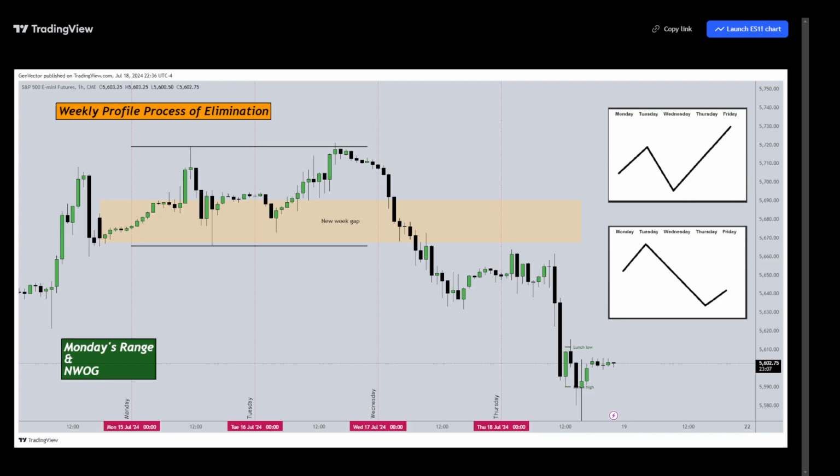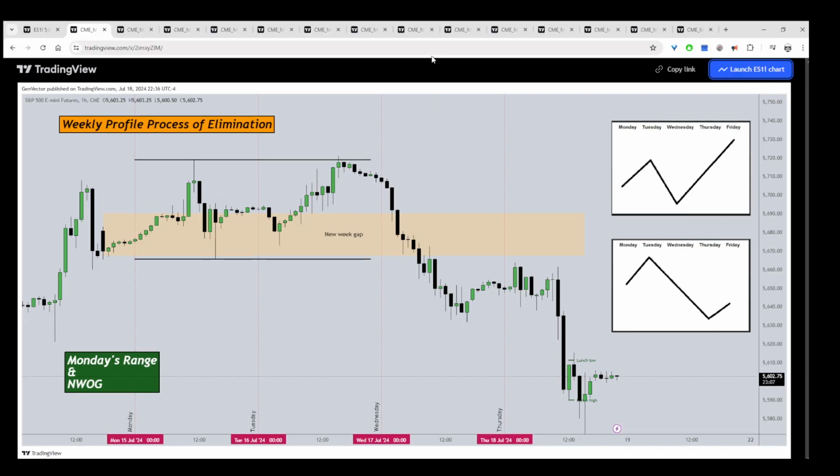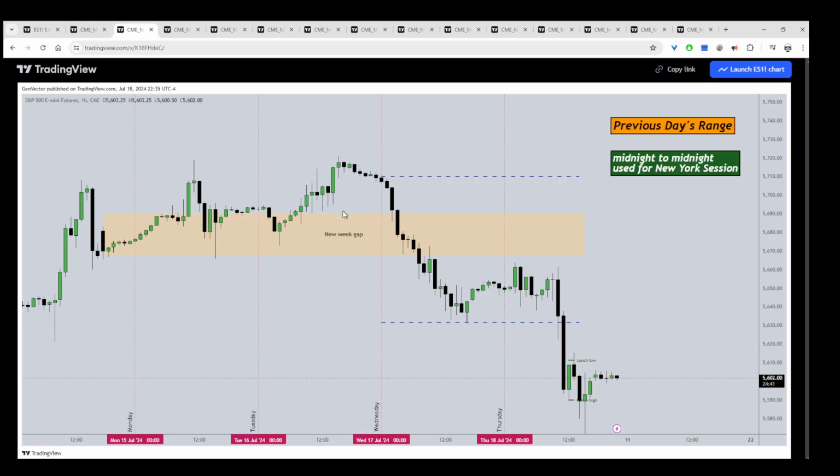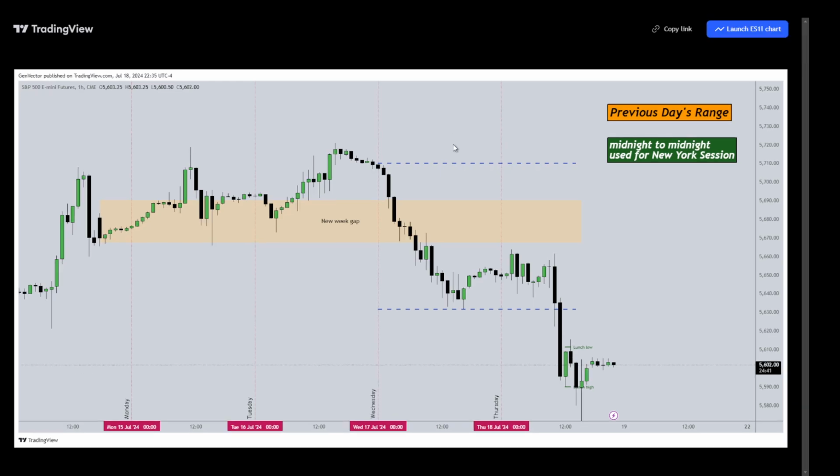But at what point are we sure this is a Tuesday high for a sweep continuous bearish, or potentially a Wednesday low? So what we will do is take the next range, which is going to be the previous day's range. The previous day's range is all about setting the high and the low between midnight of Wednesday to midnight of Thursday.